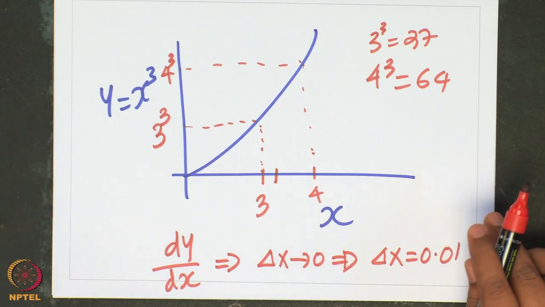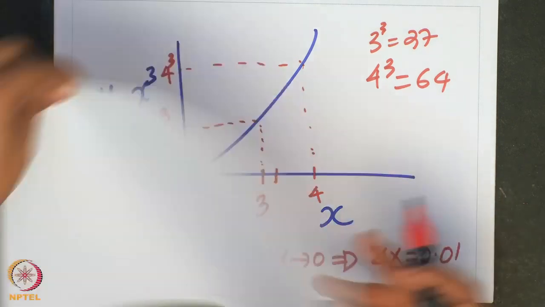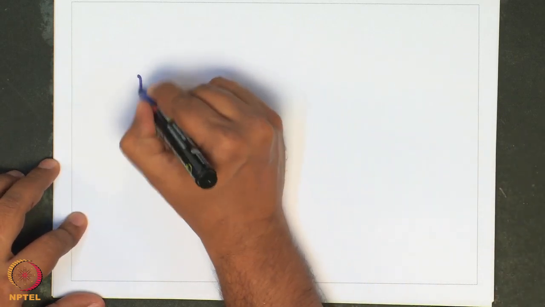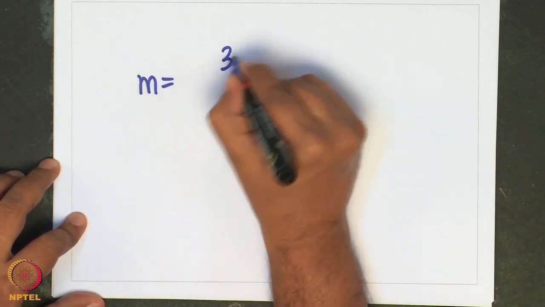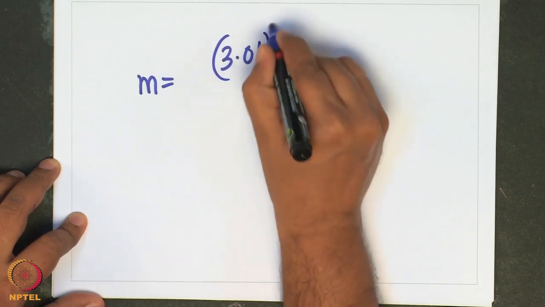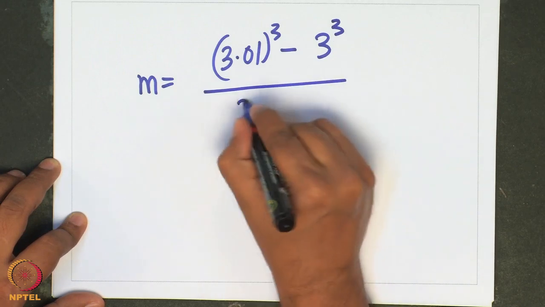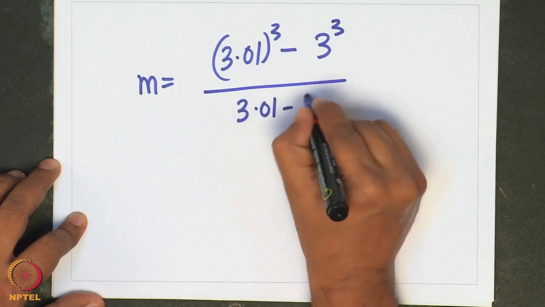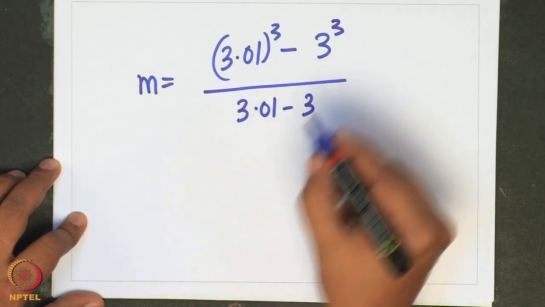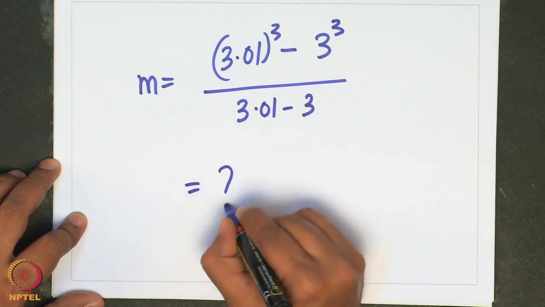And if you calculate the slope, I urge you to do this, m is equal to 3.01 cubed minus 3 cubed divided by 3.01 minus 3. What would be the answer?